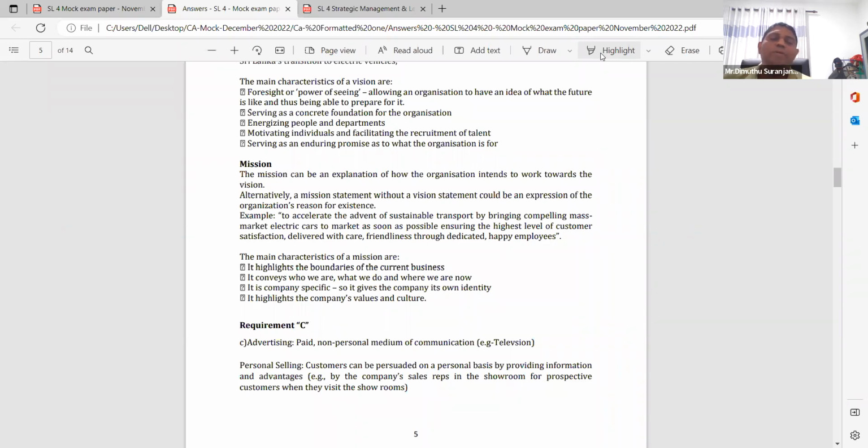Accelerate means increase, no? Intensify, right? So transport, bringing compelling mass market electric cars to market, as soon as possible, ensuring the highest level of customer satisfaction, delivered with care, friendliness through dedicated happy employees.